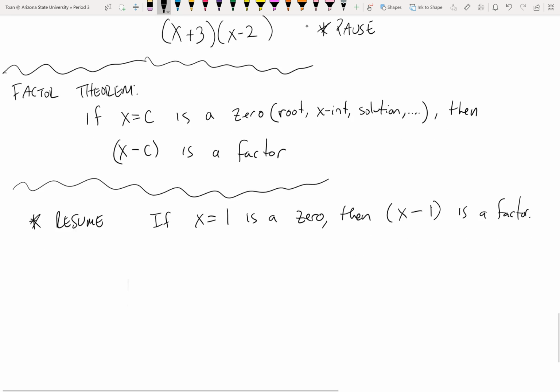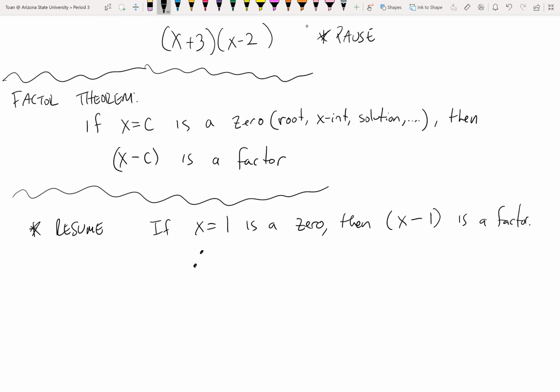So we can factorize the original problem. Therefore, f of x equals the x minus 1 that they gave us with the ones that we found, x plus 3, x minus 2.